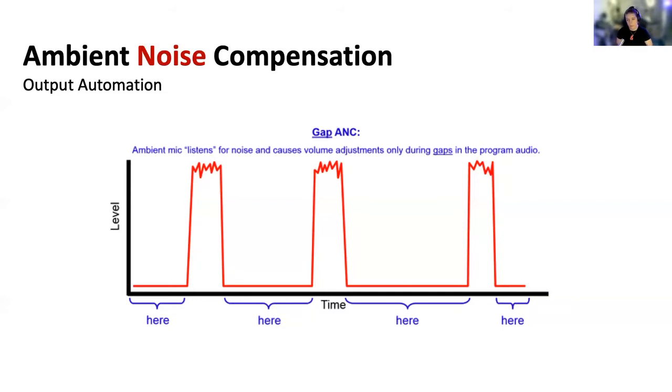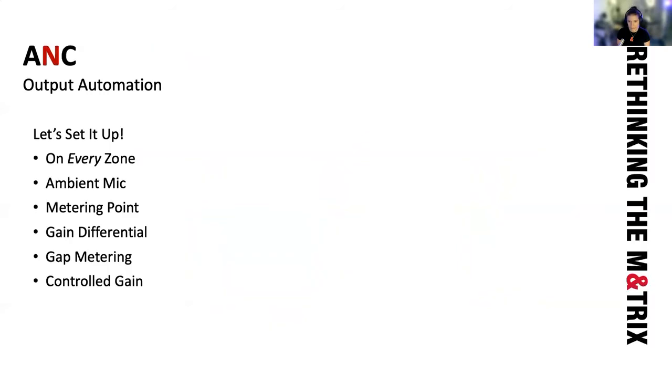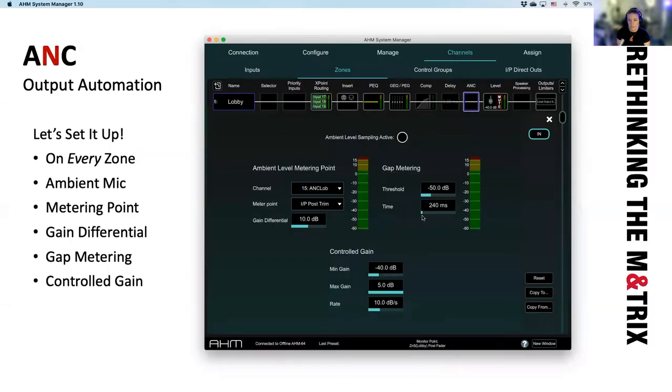So if I hop back over here, with our gap metering I can have a threshold and a time. If I was reading out the instructions for you, this would essentially mean when the music, and I'll just say music even though it could be paging or any other kind of program audio, drops below negative 50 decibel units for 240 milliseconds, I want you to start sampling.